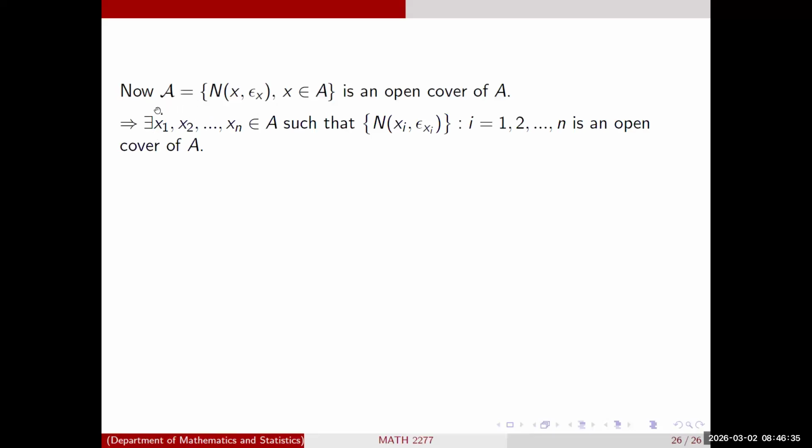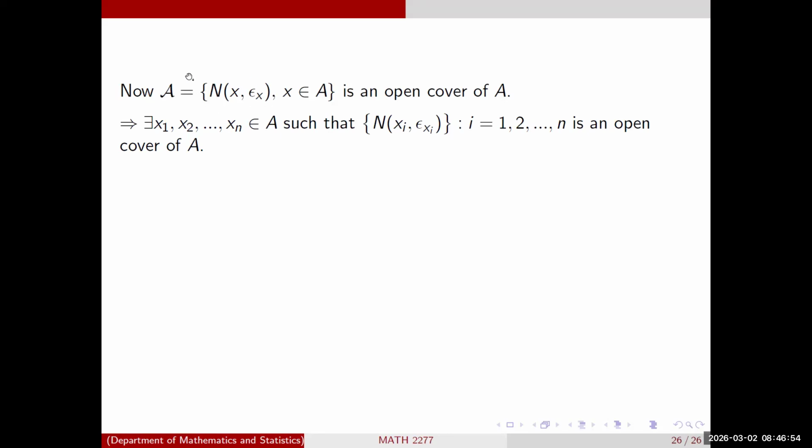But we know that A was compact, right? We proved using Heine-Borel that A was compact. And we found an open cover. Therefore, there should exist a finite subcover. So there should exist finitely many elements of A such that this is an open subcover.